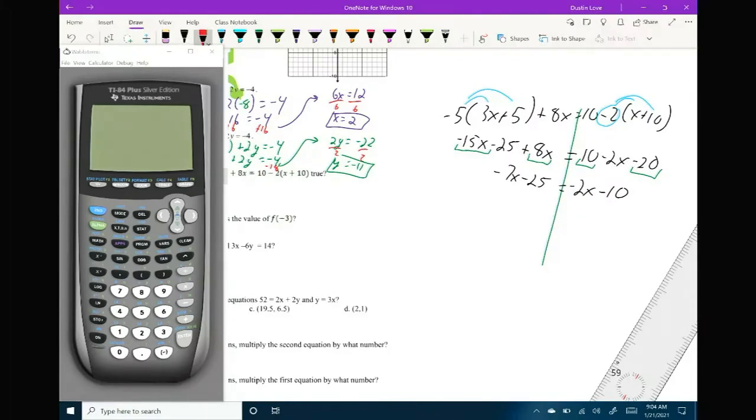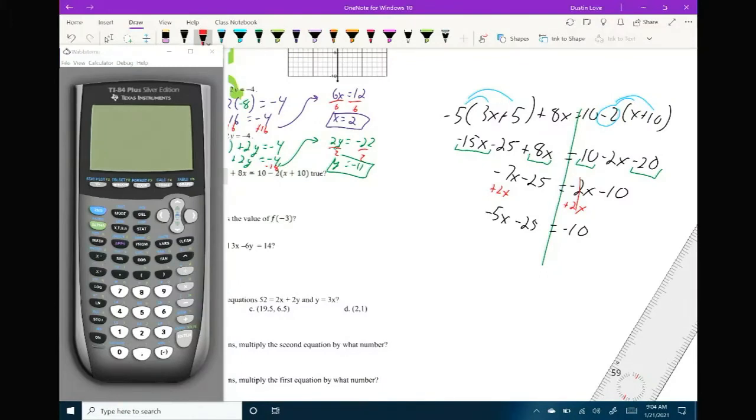Now I need to collect all my variables on one side and numbers on the other. So I'm going to add 2x to both sides, causing those to cancel out. That leaves me with negative 5x minus 25 equals negative 10.